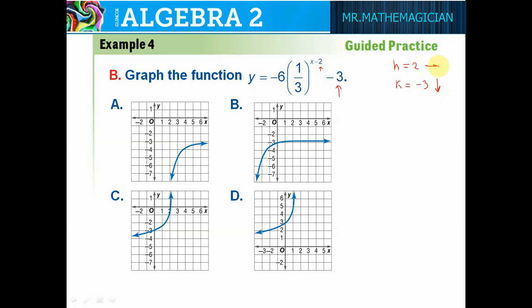We have negative here, means reflection. So A is negative, means reflection along the x-axis. 6 will represent vertical stretch. So what to choose?